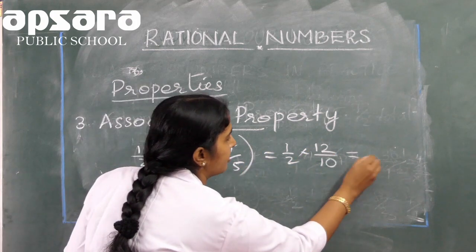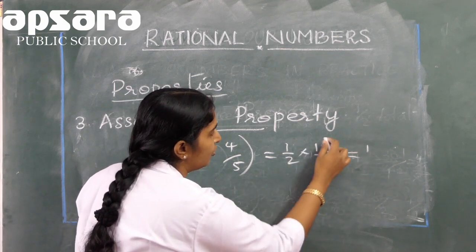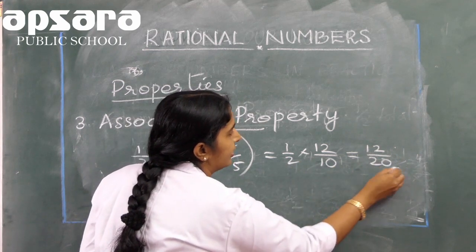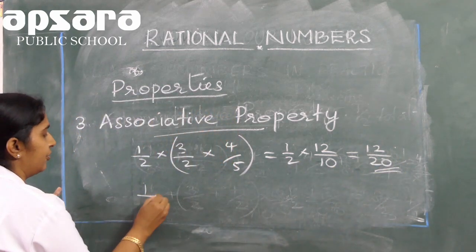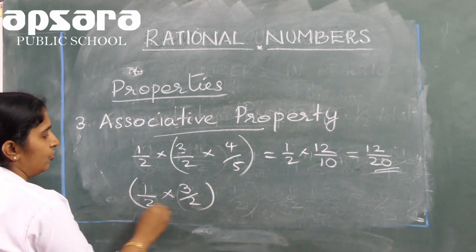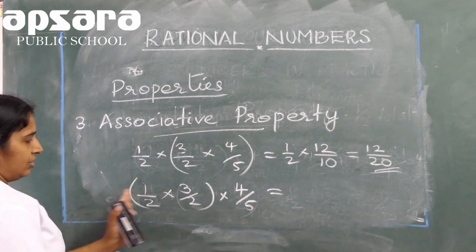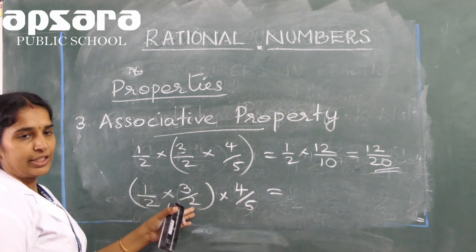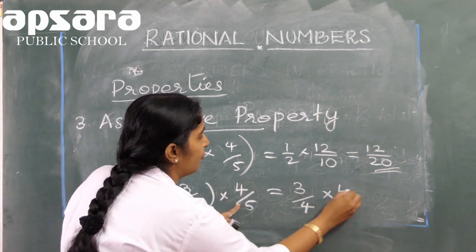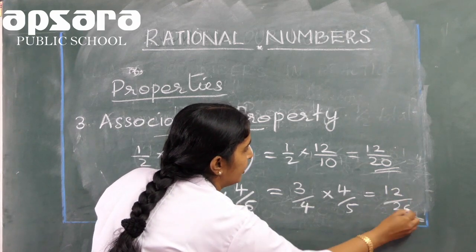Same procedure. 1 by 2 into 12 by 10. 1 into 12, 12. 2 into 10, 20. So if you do the multiplication in this order, 1 by 2 into 3 by 2 is 3 by 4, into 4 by 5, which is also 12 by 20.